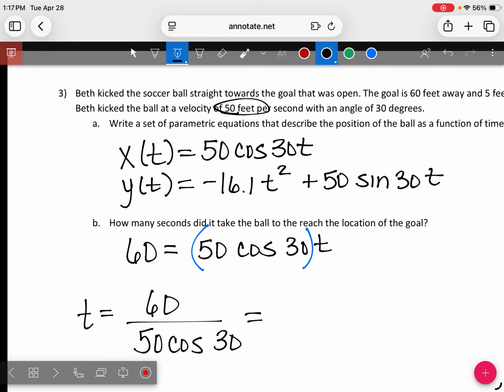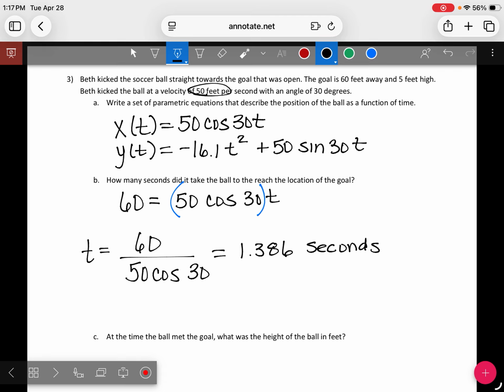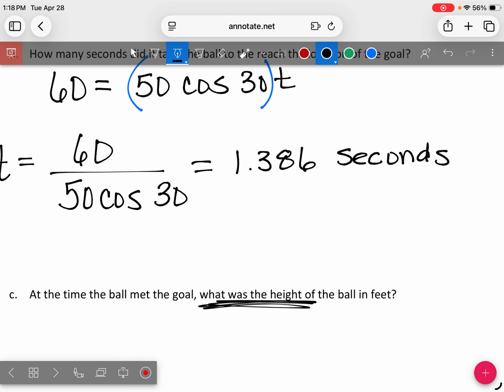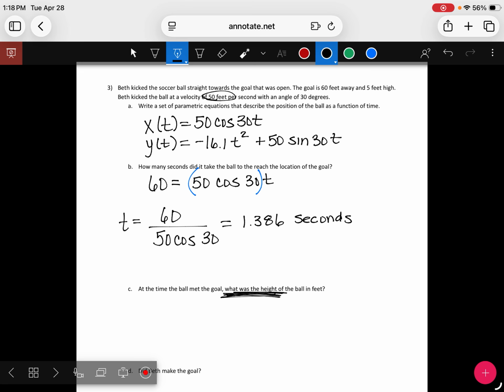So I got 1.386 seconds. Anybody else get that? Okay, that's my answer. That's the time it takes for it to reach the goal. Now we want to know at the time it meets the goal, what was the height? Height. What parameter is height? Y. So we're going to take the t value that we got in part B and substitute that into my y parameter.